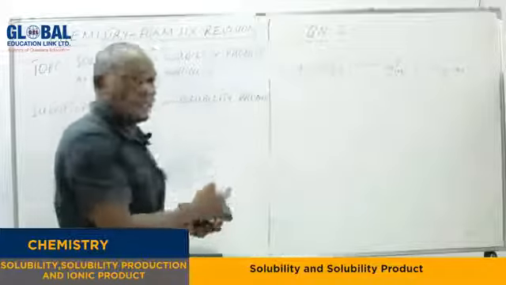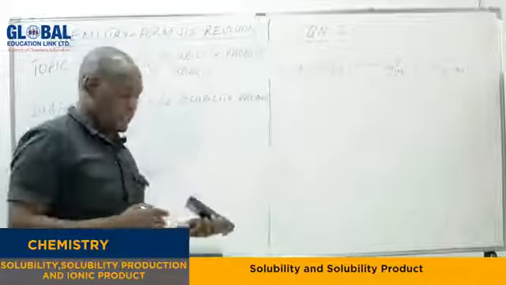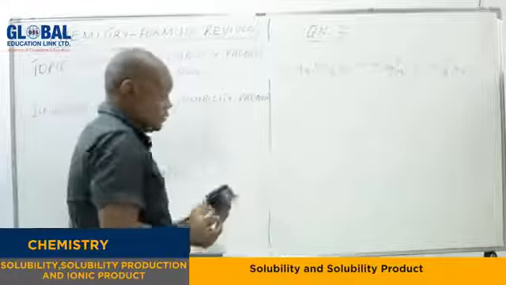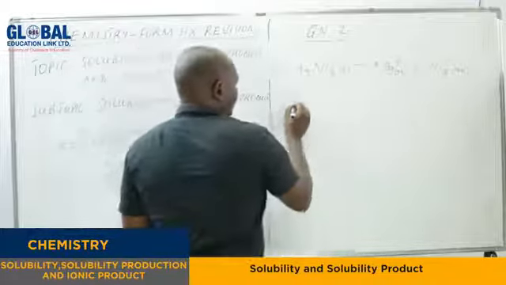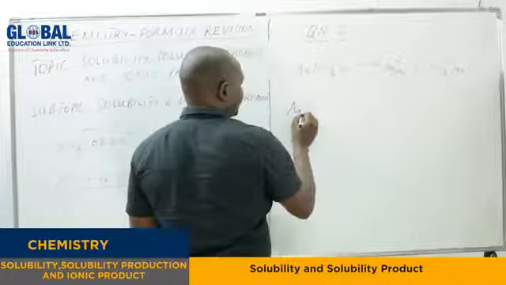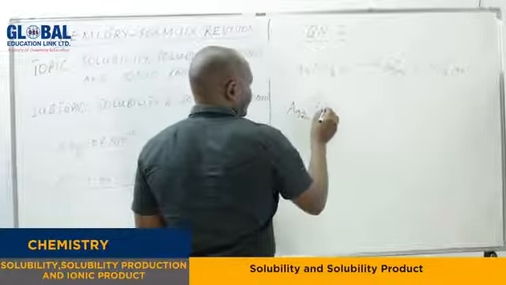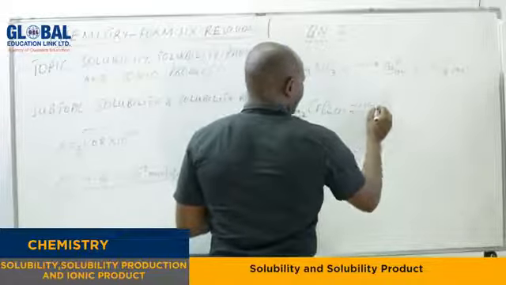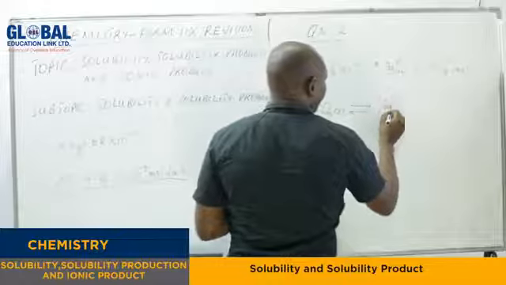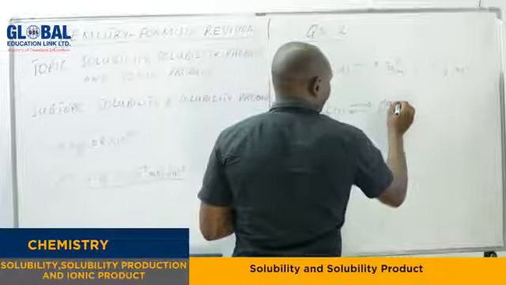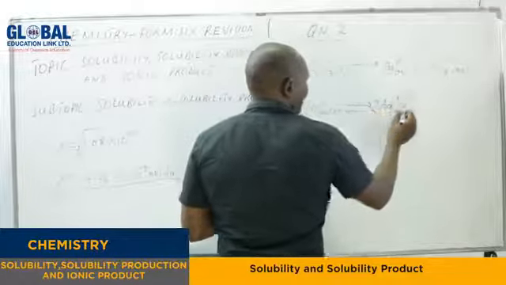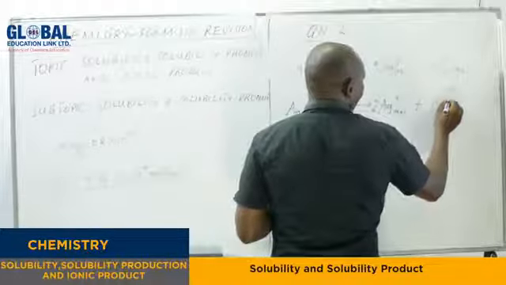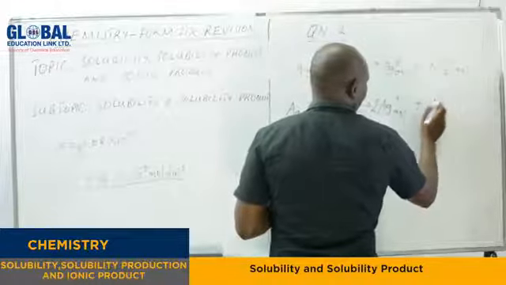So what will silver nitrate be adding to the solubility of silver chromate? Remember, silver chromate here is this one. It undergoes dissolution to release silver ions, plus chromate.